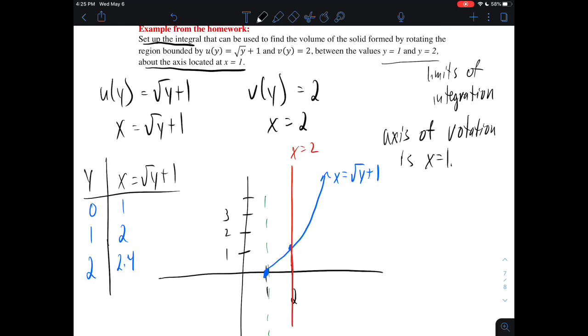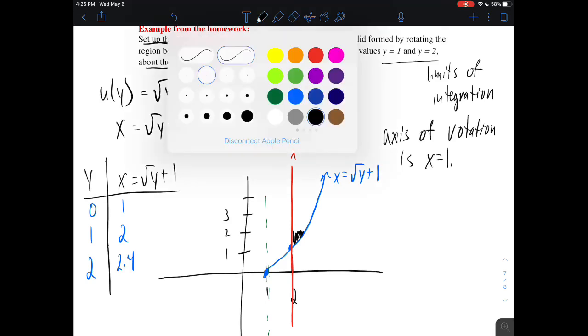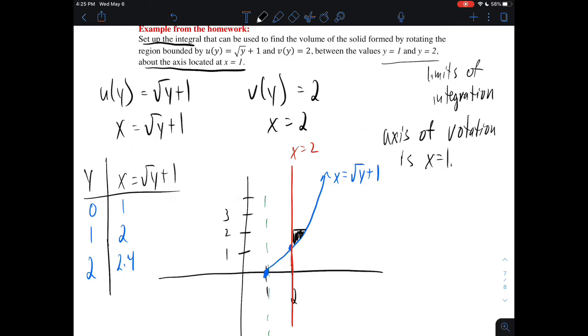So now I've got my curves drawn, my axis of rotation, and now let's take a look at, they told us we want this between the values of y equal 1 and y equal 2, which is telling us that really what we're doing is focusing on this little part right there. So I'm going to remove those lines. So we're just simply focusing on what is almost like a little triangular shape.